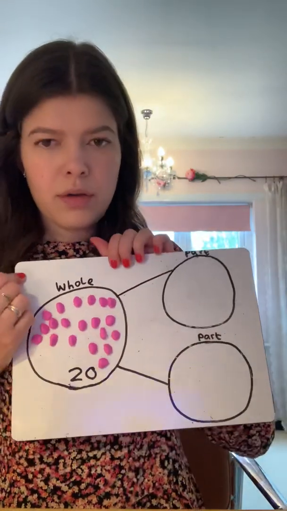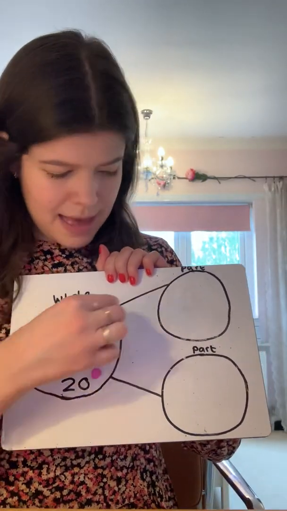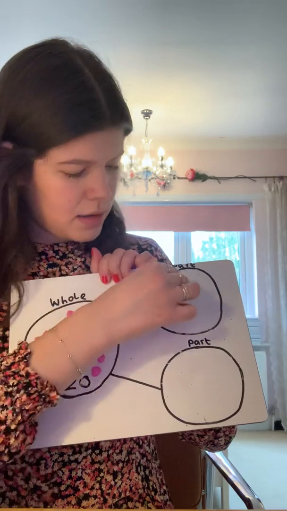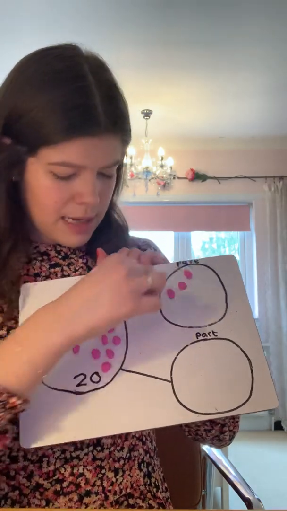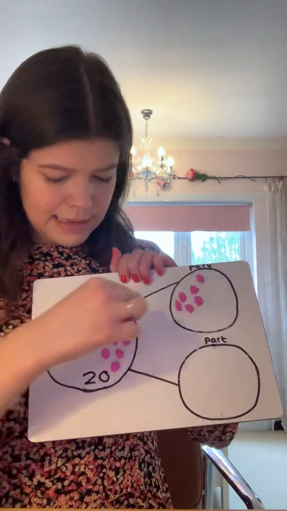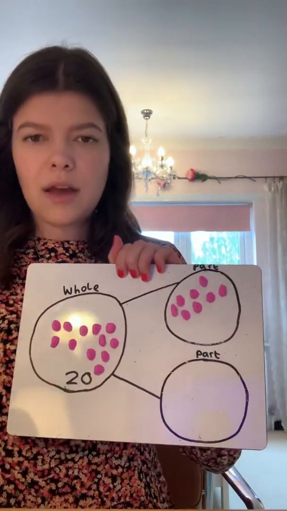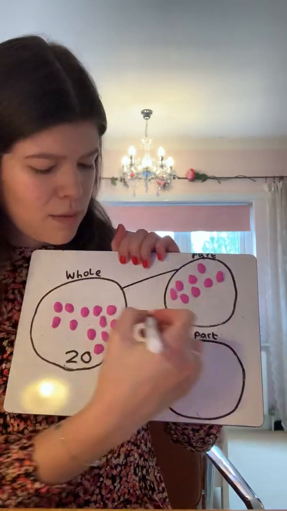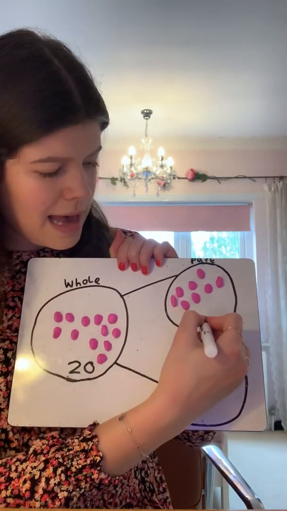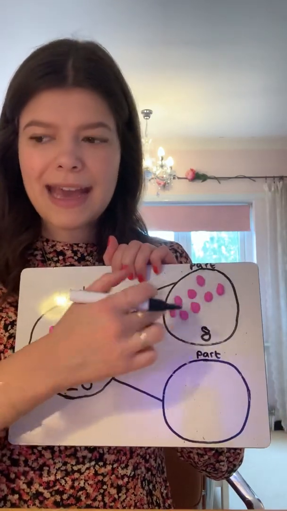So I'm going to move 8 of my objects into my first part. Count with me. 1, 2, 3, 4, 5, 6, 7, 8. So I've taken 8 away from my whole, so I put 8 here. So subtract 8. I've moved my 8 here.